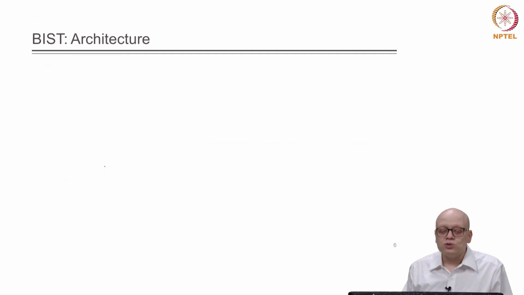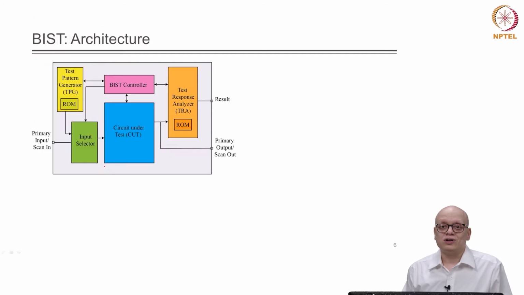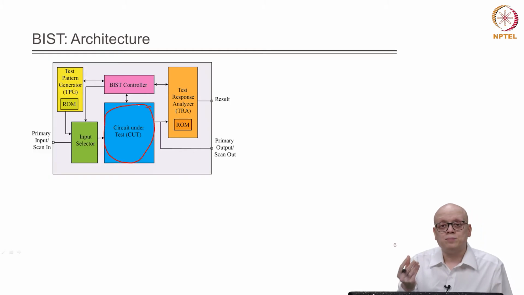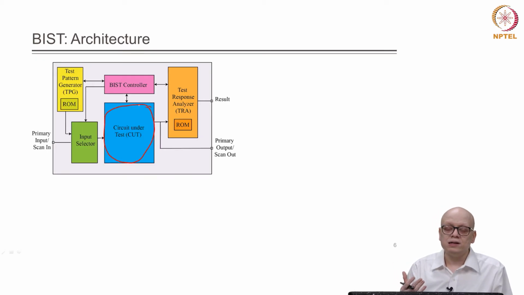Now, let us look into the architecture of BIST, like how a chip in which the BIST method has been implemented looks like. This circuit under test is basically the main part of our circuit which is delivering the functionality, and all other parts show the infrastructure which we need to add in our circuit to implement the BIST-based method, right.